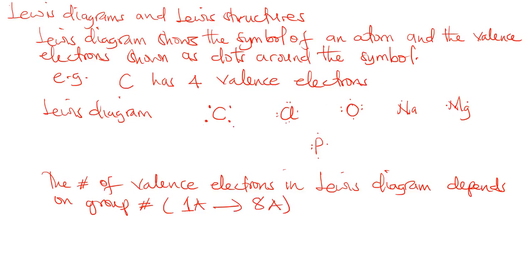For example, neon is in group 8A, so it's going to have 8 valence electrons, and its dot diagram will show those 8 valence electrons. So those are the dot diagrams.